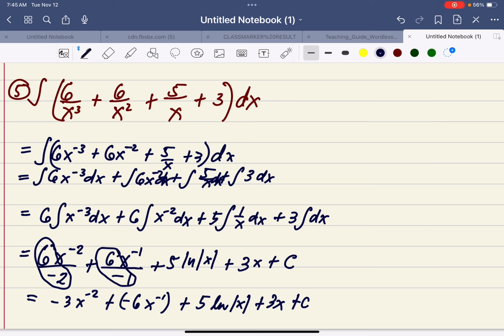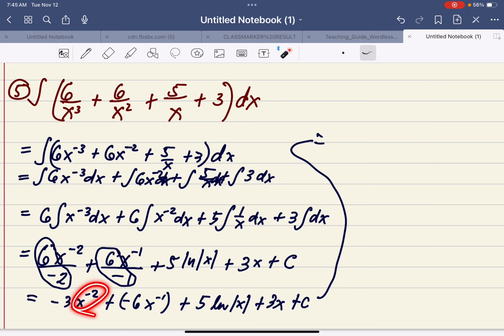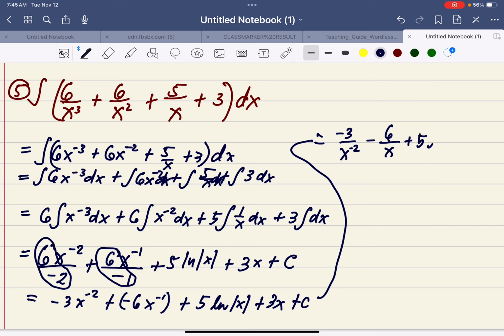So, okay, so x raised to negative 2 right now into positive. So right now, in the denominator, to make that negative exponent positive, so that will become negative 3 over x raised to 2 minus 6 over x plus 5 ln of x plus 3x plus c.